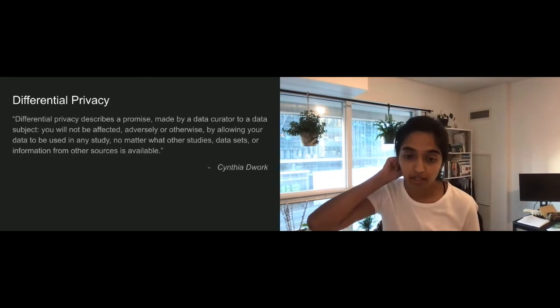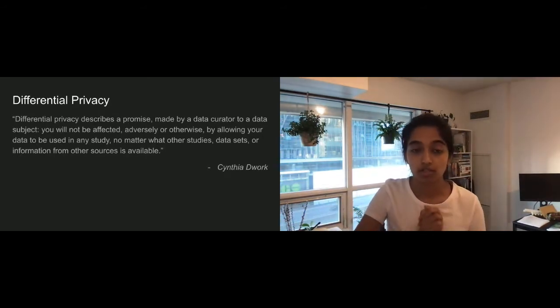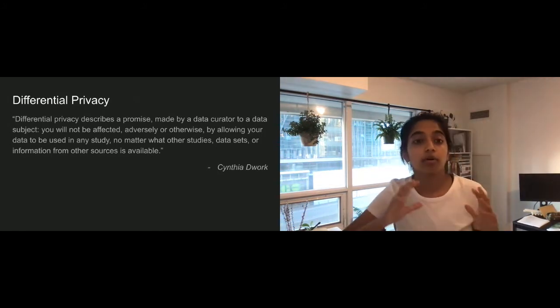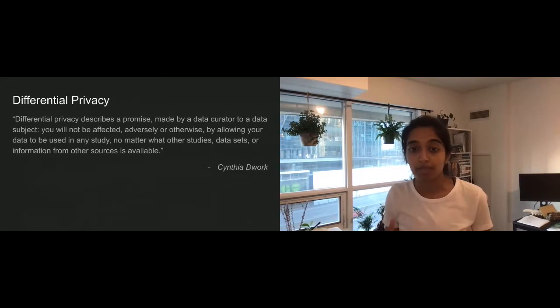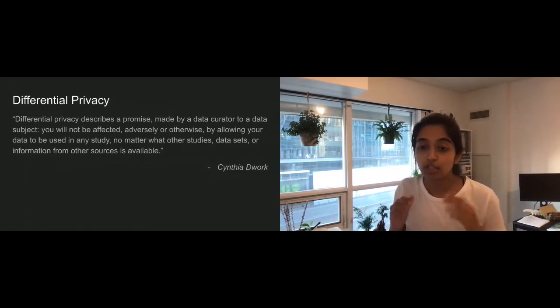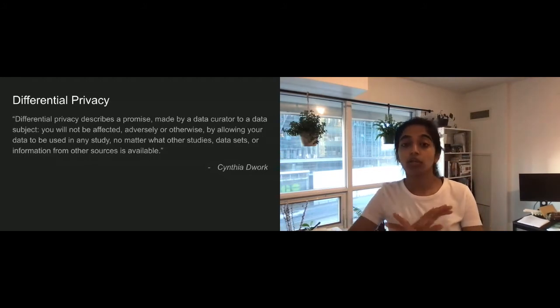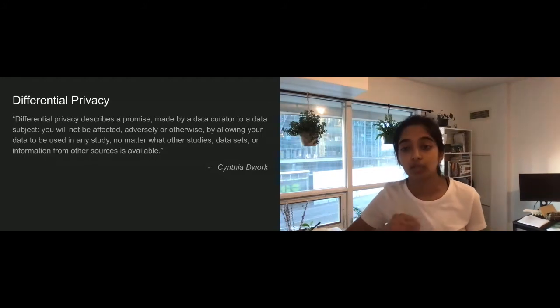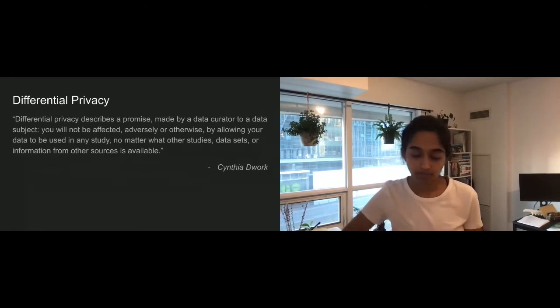Differential privacy as a field was started by Cynthia Dwork, and she came up with the definition that you see. Differential privacy makes a promise, a promise that the data curator makes: if I'm collecting all of your data, you will not be affected adversely or otherwise by allowing your data to be used in any study, no matter what other studies, data sets, or information from other sources is available.